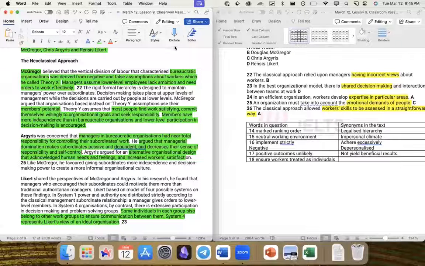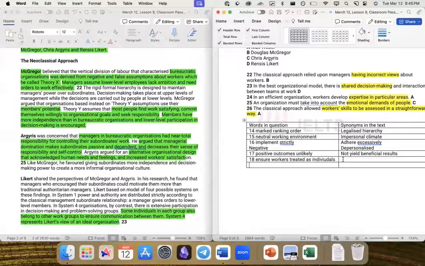What word is the synonym? Independence? I don't know. Just a second.